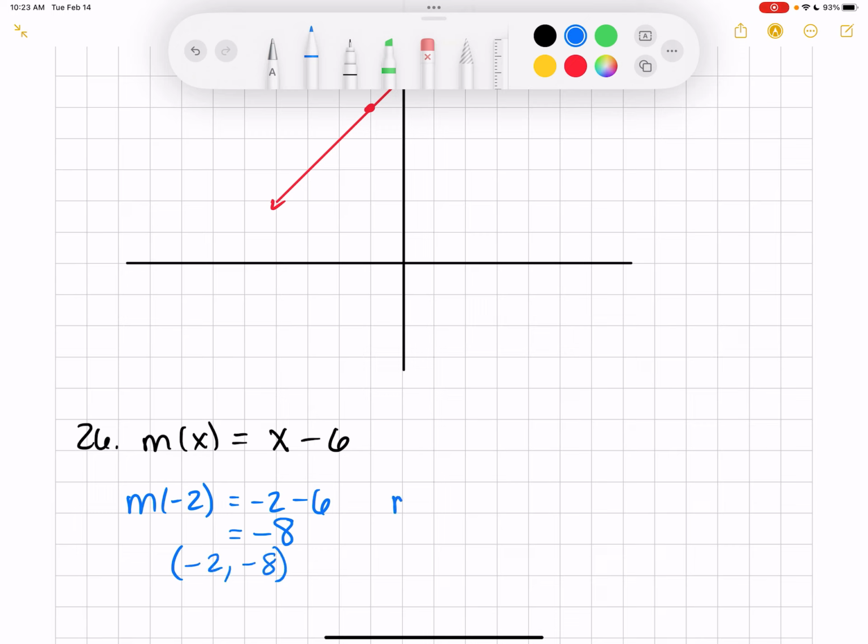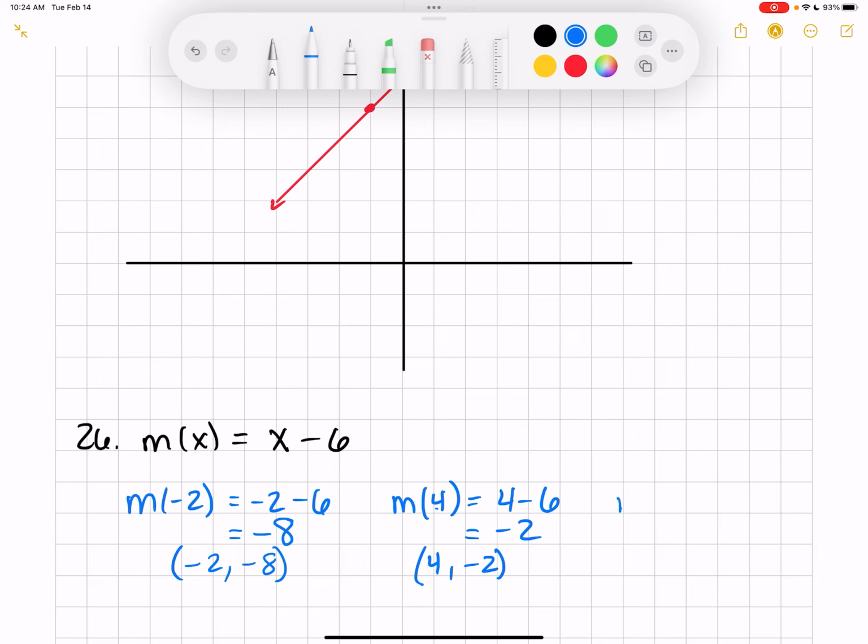All right, so then what's the next point that you want to test? 4. So we plug in 4. So we have 4 minus 6, which is what? -2. So this is the point 4, -2.